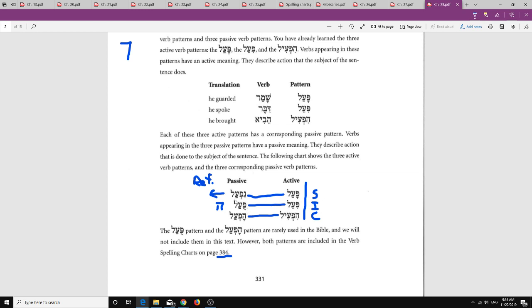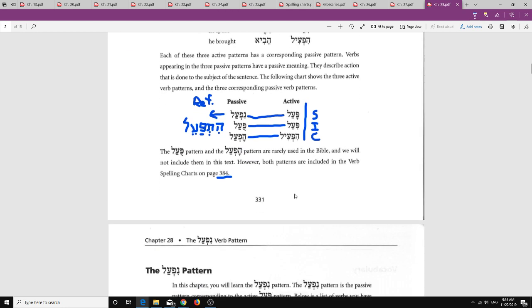But our intensive stems have their own reflexive sort of action, and that's called the hitpael. We'll go over that some more in the next chapter. I'm not quite sure of the spelling of this paradigm word, but we'll see in the next chapter. So, these are the 7 stems.